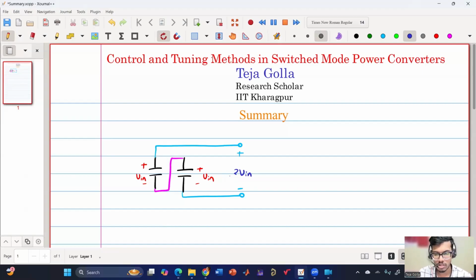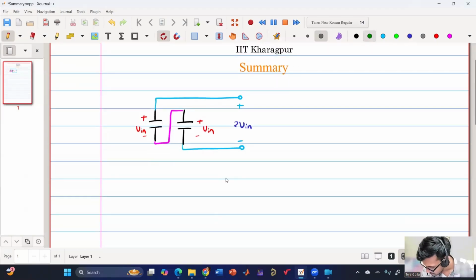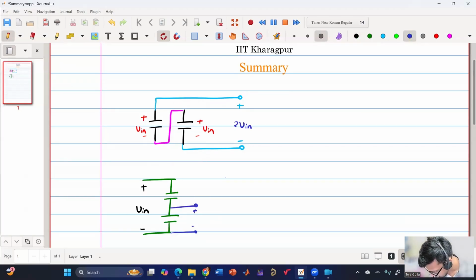If I want a fraction, then what I will do is charge the capacitors together. Both of them together are charged to Vin because they are ideal and symmetric, so my output will be Vin by 2 because both are equally charged. Similarly, if I want Vin by 3, then I will have three capacitors.